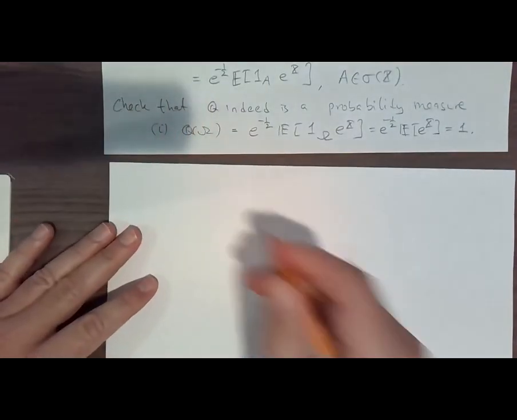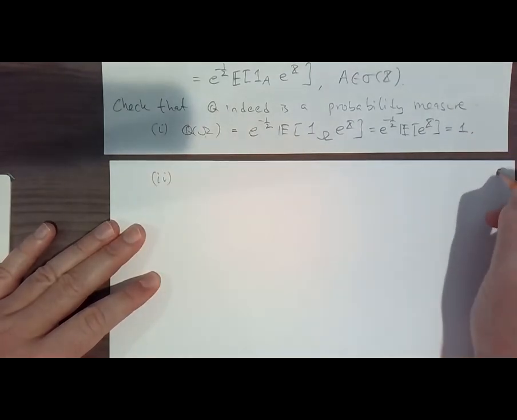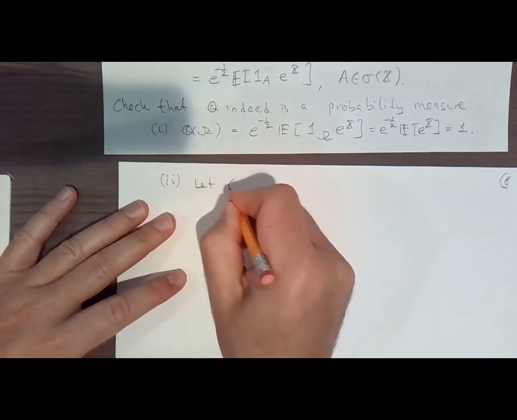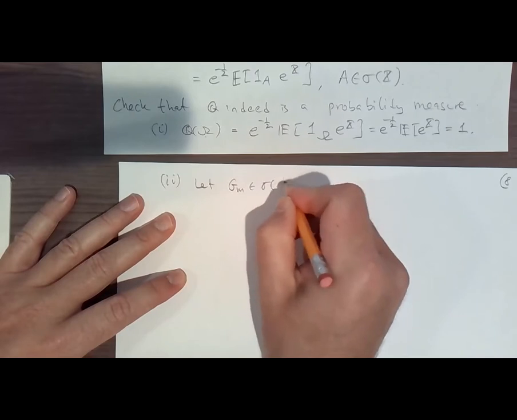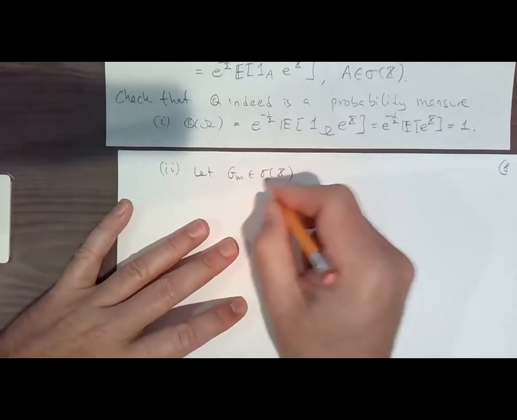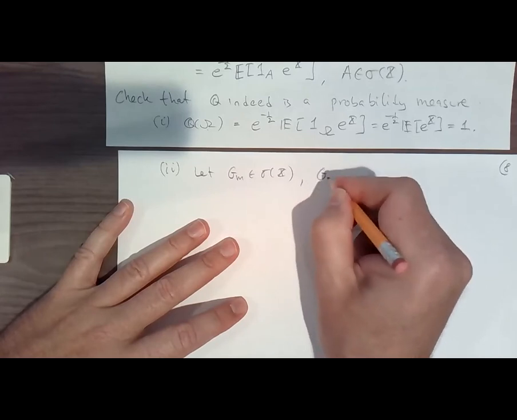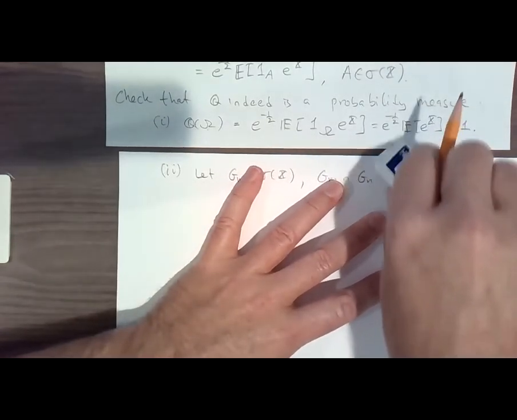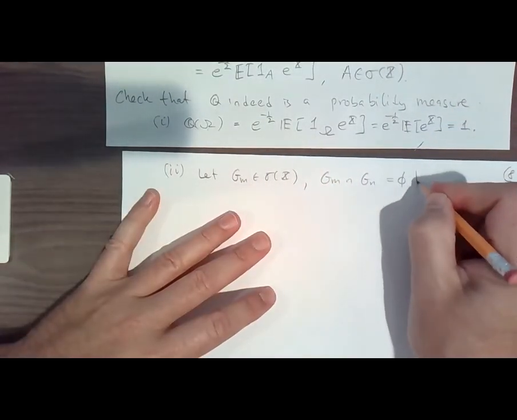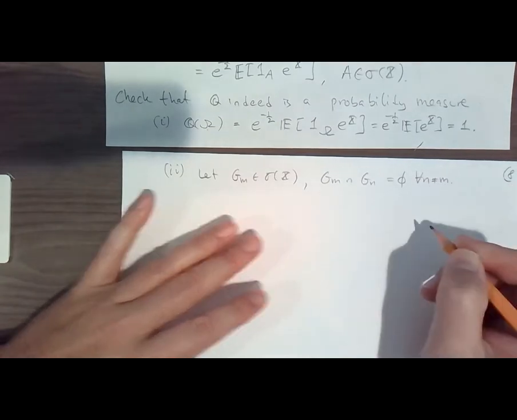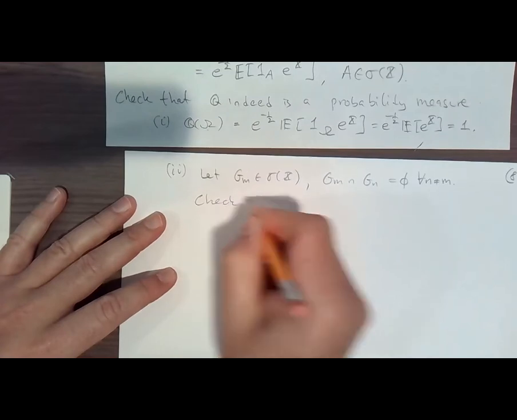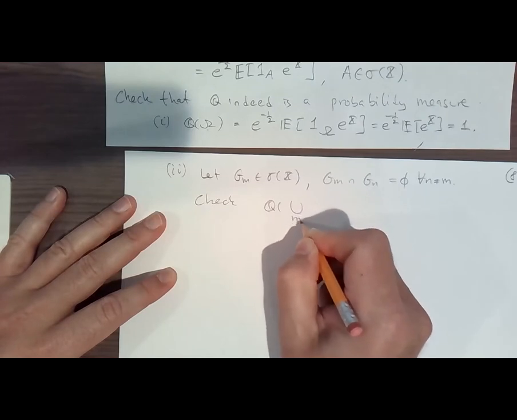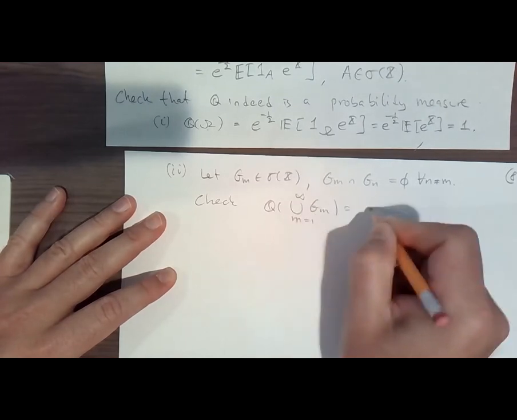The second property is that we need to check that if I take sets that are disjoint, so let them be G_M and G_N, their intersection is empty whenever N is not M, then we need to check that Q evaluated at that disjoint union is just a sum.